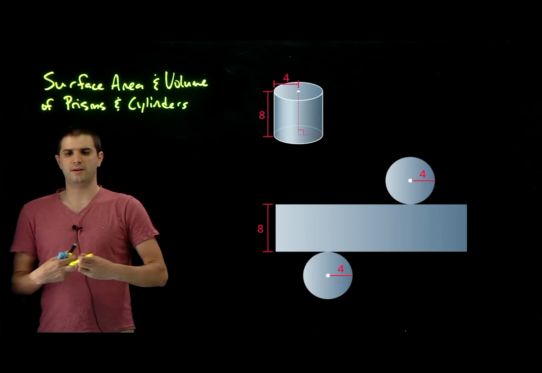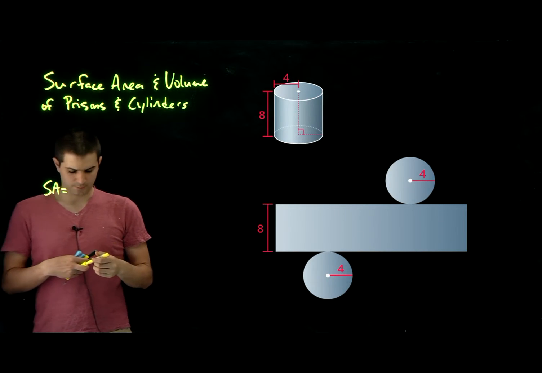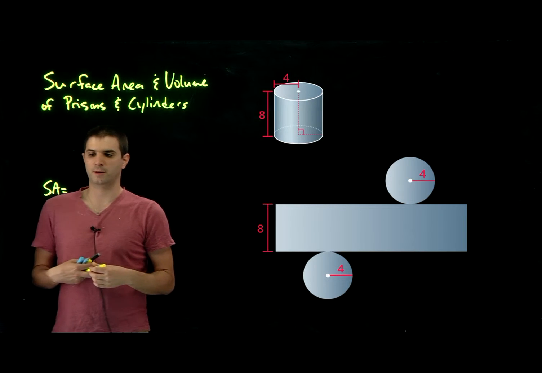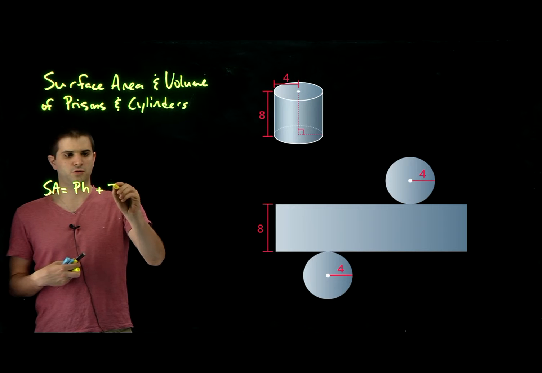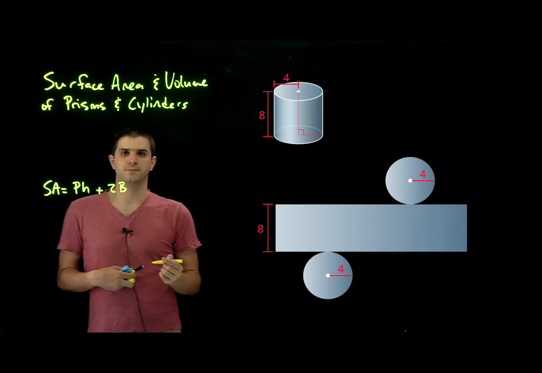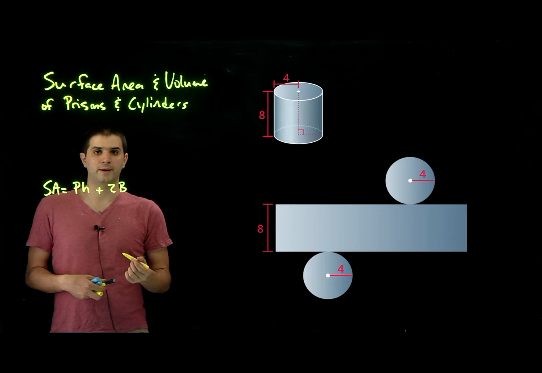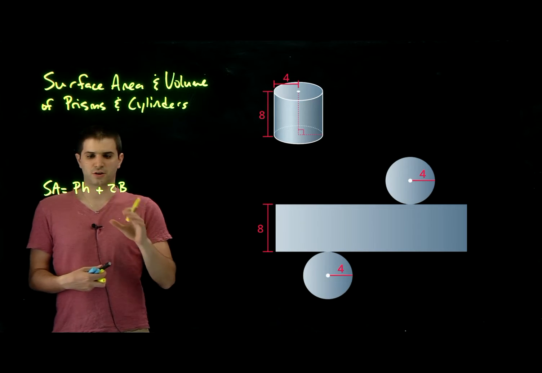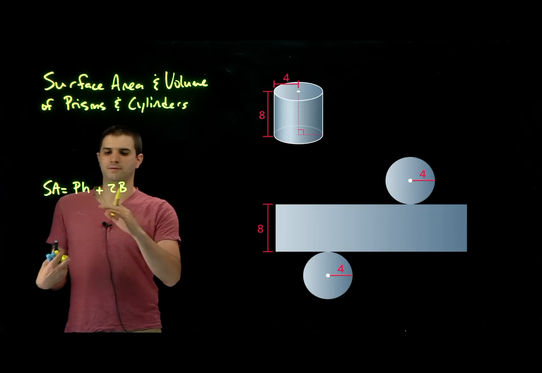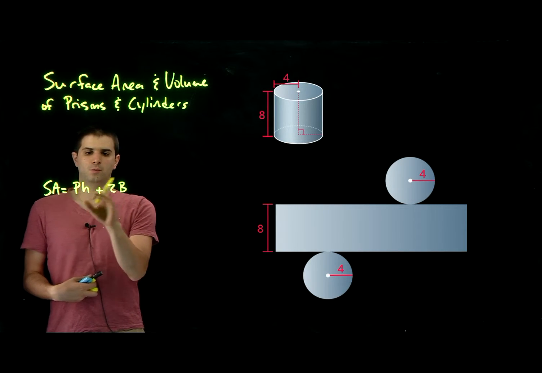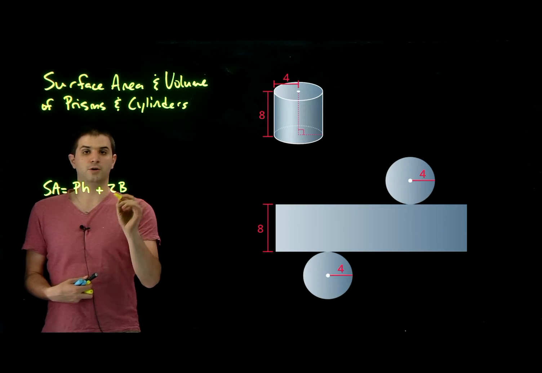Recall that the surface area formula of a prism is perimeter times height plus 2 times the area of the base. This is a general form for prisms, but we can specify this to cylinders by changing the perimeter and the base.